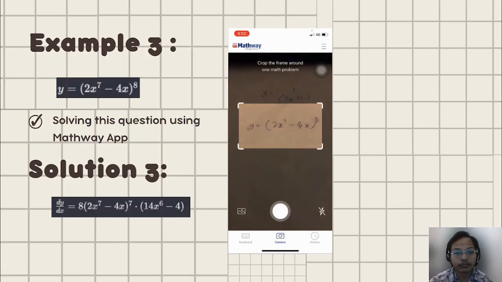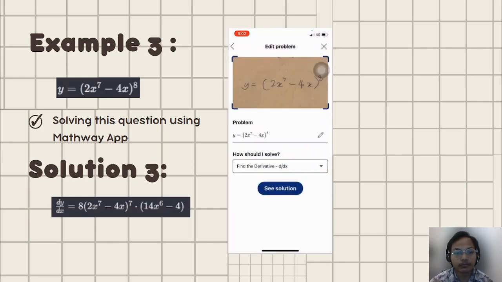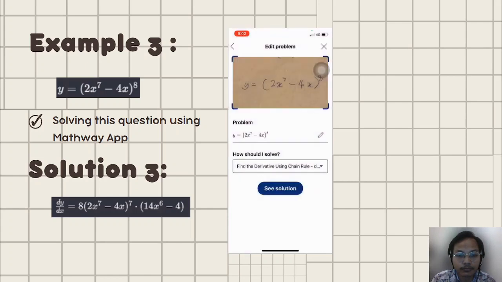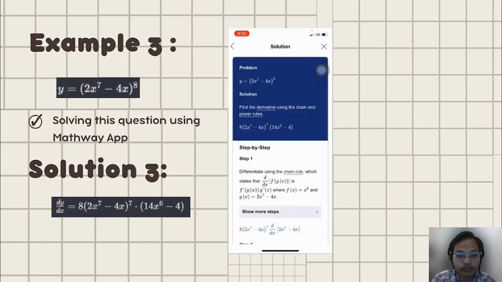Now what I do is snap the question, which is y equals (2x^7 - 4x)^8. It says here, how should I solve. Then we need to find the derivative using the chain rule.